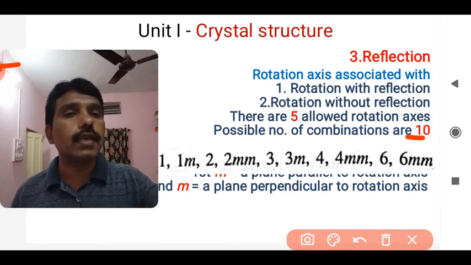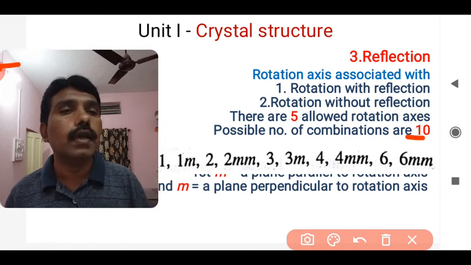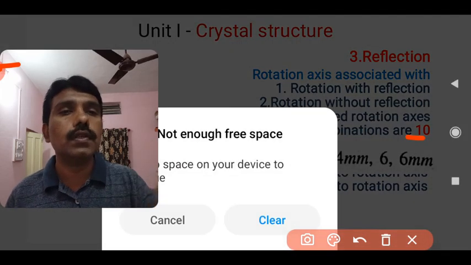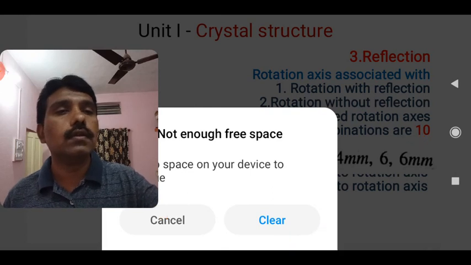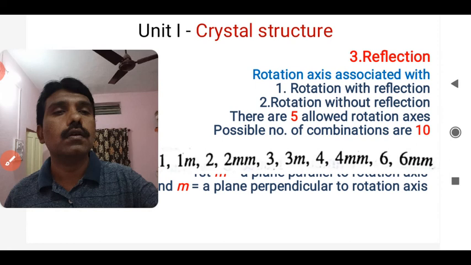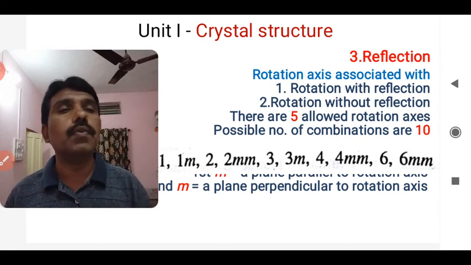In this case, here are 1m, 2mm, 3m, 4mm and 6mm. So here are the possible 10 combinations.